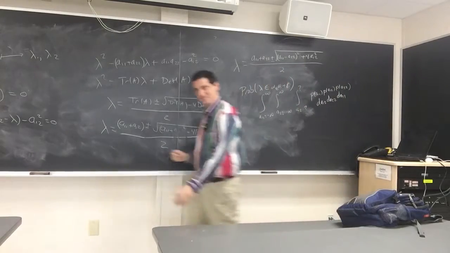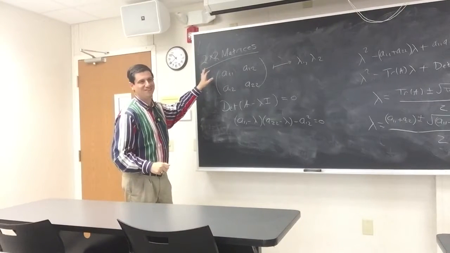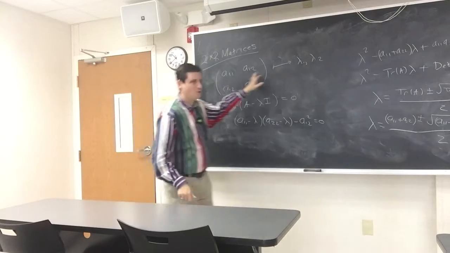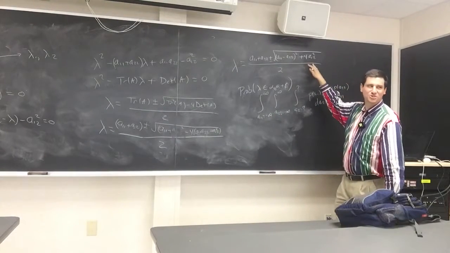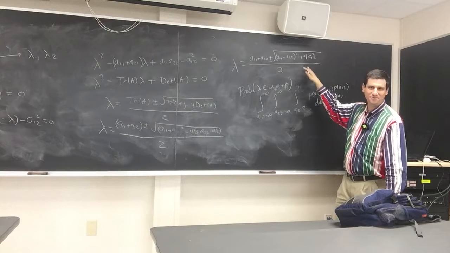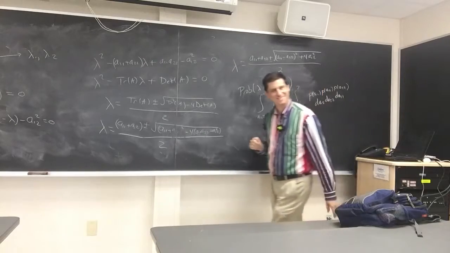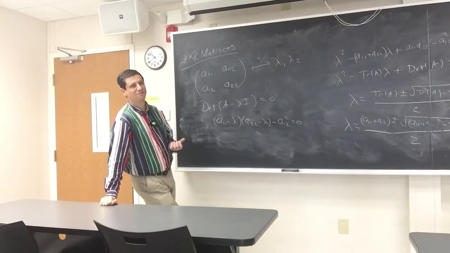Building on our success, now what do we do? 4 by 4. We go through, and at this point we're getting a little bit concerned, but we still brave forward and do the calculation. Now we give up. What should we do after 4 by 4?